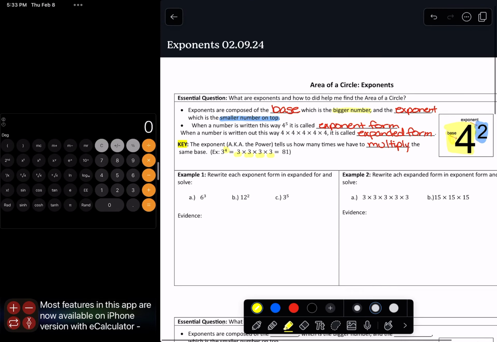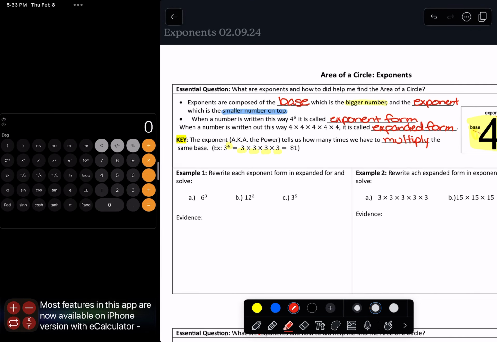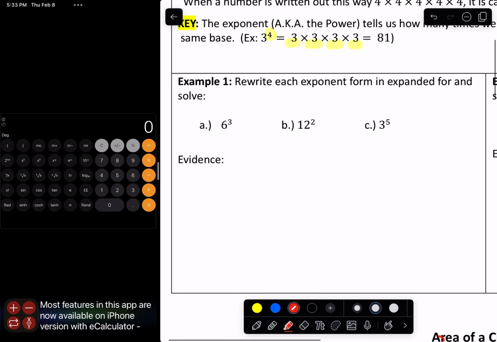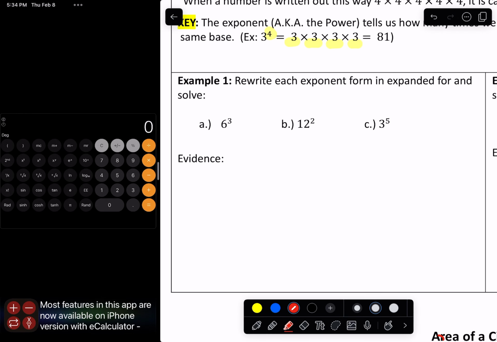Okay. Let's move on to our first example. It says, rewrite each exponent form in expanded form and solve. So let's do that. Starting with A, that is 6 to the 3rd power.